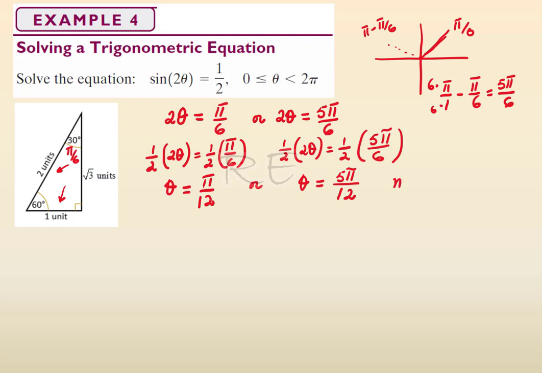We need to remember that for sine 2 theta, when the argument is 2 theta, the period is 2 pi over 2. So the period for sine 2 theta is pi. We're going to have 2 cycles between 0 and 2 pi.